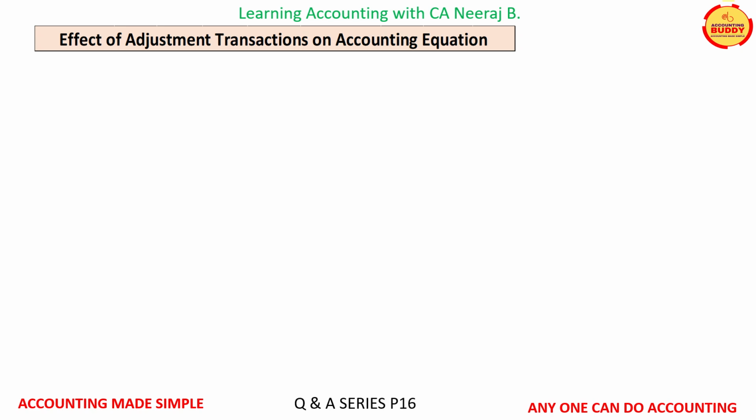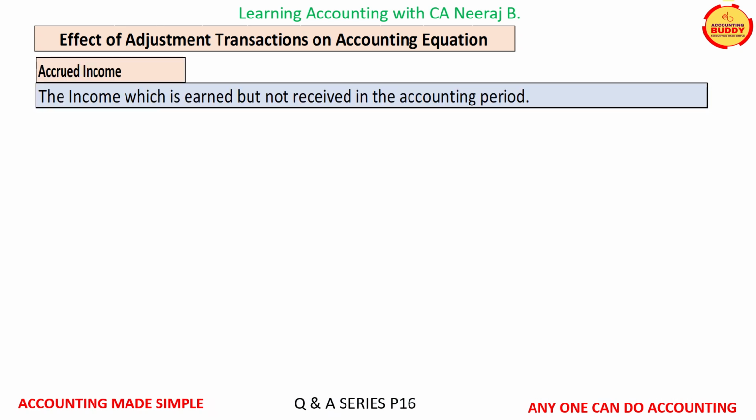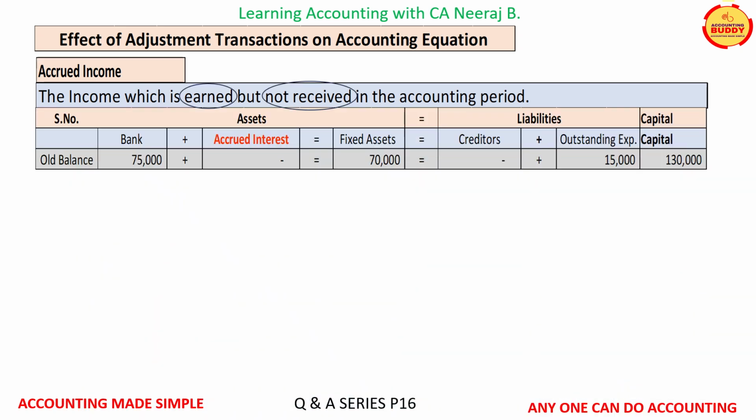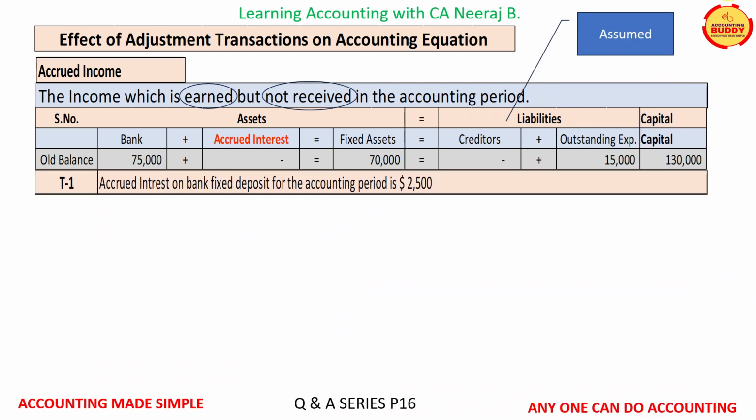Let us now learn how the accrued income will affect the accounting equation. A quick recap. The income which is earned but not received in the accounting period is called the accrued income. Say the old accounting equation balance assumed is displayed on your screens. The T1 transaction of accrued interest on bank fixed deposit for the current accounting period is $2,500.